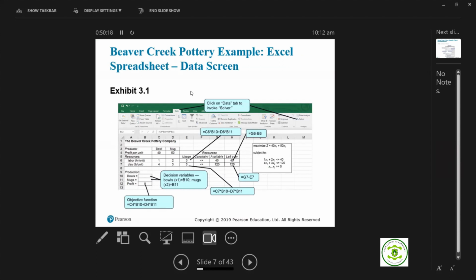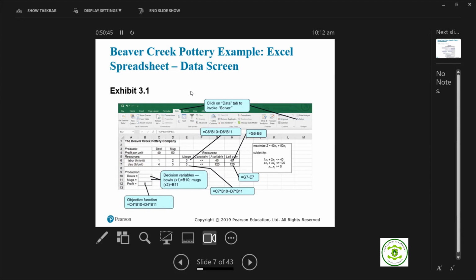If any of these parameters change, how will that affect the optimal profit? And that is what sensitivity analysis is about. So for instance, instead of labor hours available being 40, if we make it 50, how will that affect the profit?